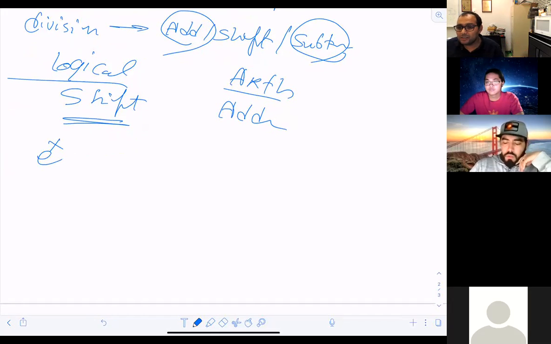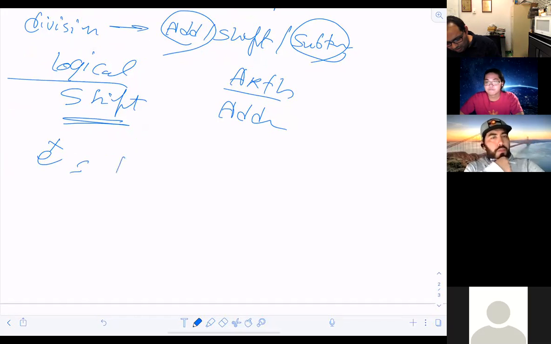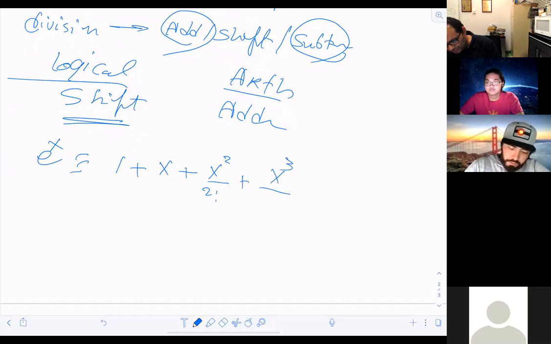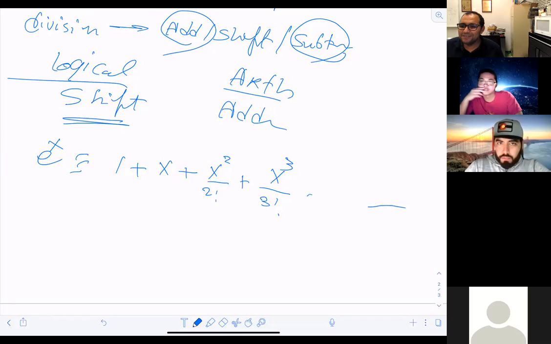I just have add and shift. What should I do? You're going to use Euler's formula, the series, which is basically 1 plus x plus x squared over 2 plus x cubed over 6, and so on. Look at it: what is this? Add and shift.